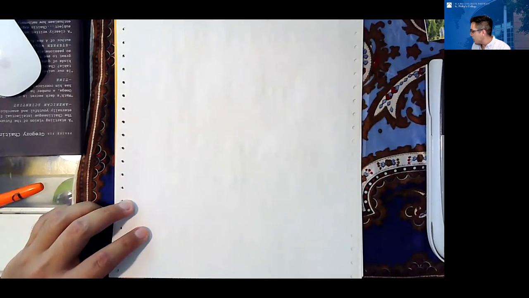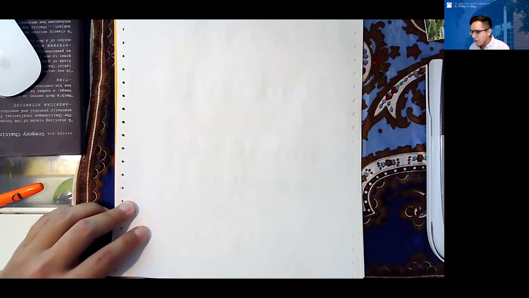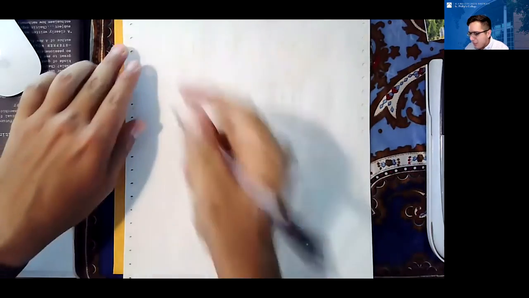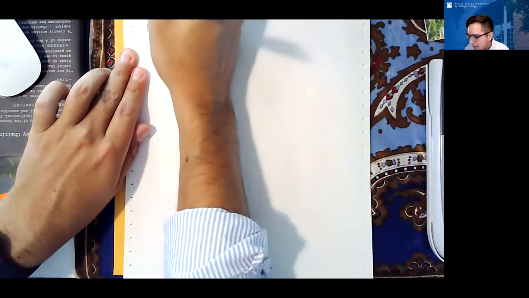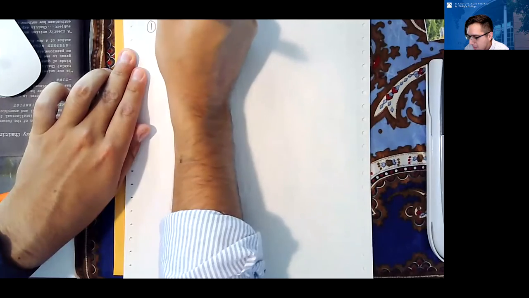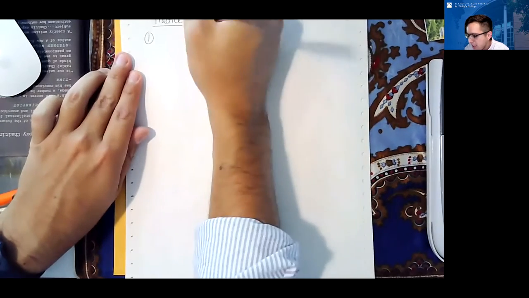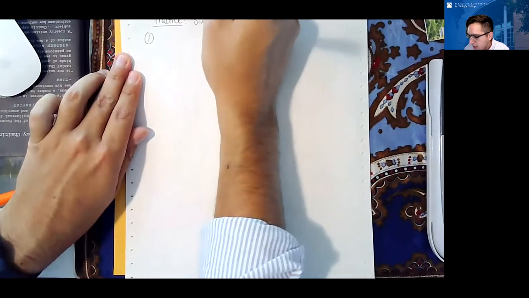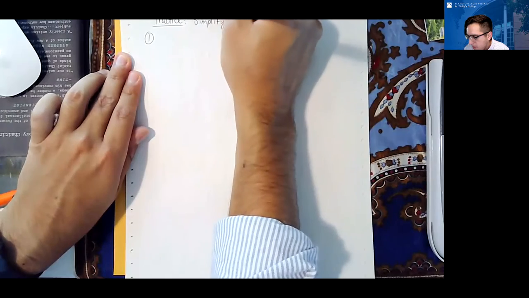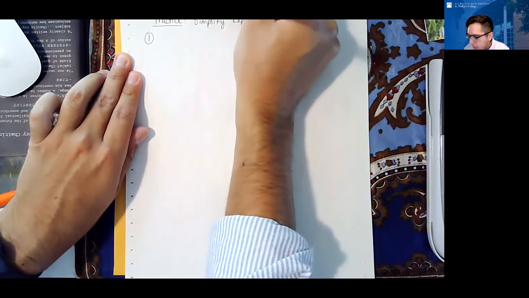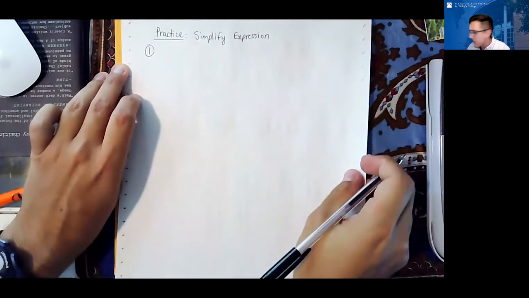Well, now I have a few problems that I want you guys to solve on your own. So I'm going to open up the breakout rooms, but let me write these down. Some practice. The instructions here are just going to be simplify the expression using whatever methods we've used for simplifying expressions so far.